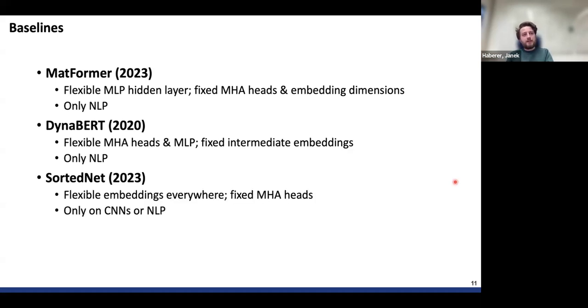And then SortedNet, they have flexible embeddings everywhere. So from the very beginning, between every layer, everywhere, just like we wanted. But in the attention block, they don't couple the attention heads to the embedding dimension. So they either keep it fixed at the maximum size, for example 12 if we take a base architecture, or if they include the attention scaling, it wouldn't be coupled to the dimension.